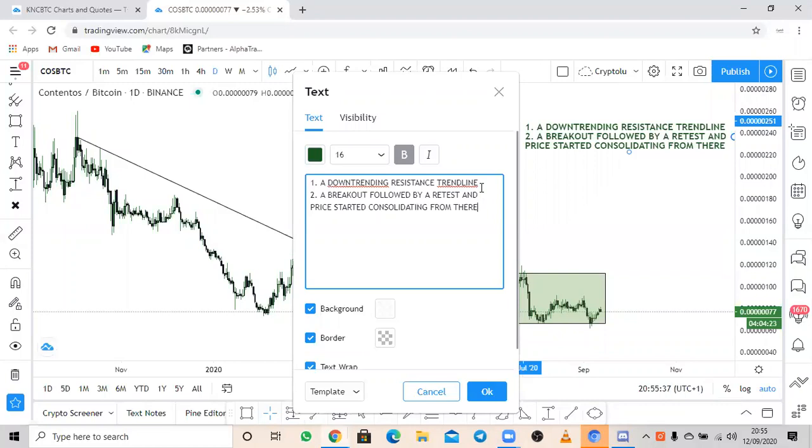Okay, so now we already have two confidence reasons. Now we already know we have a bullish bias from COS.